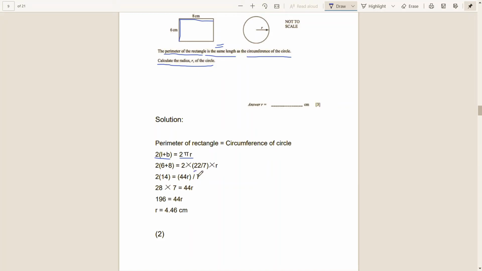Pi is 22 over 7. Multiply r. R is not given. Now use the linear equations method to solve for r, which will be 4.46 centimeters. Right? So this is worth 3 marks. Question number 1, right? This was a very easy question.